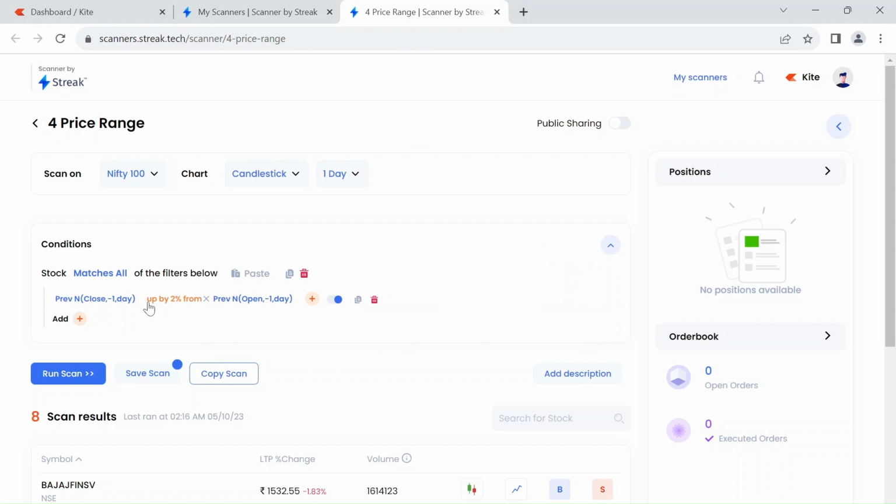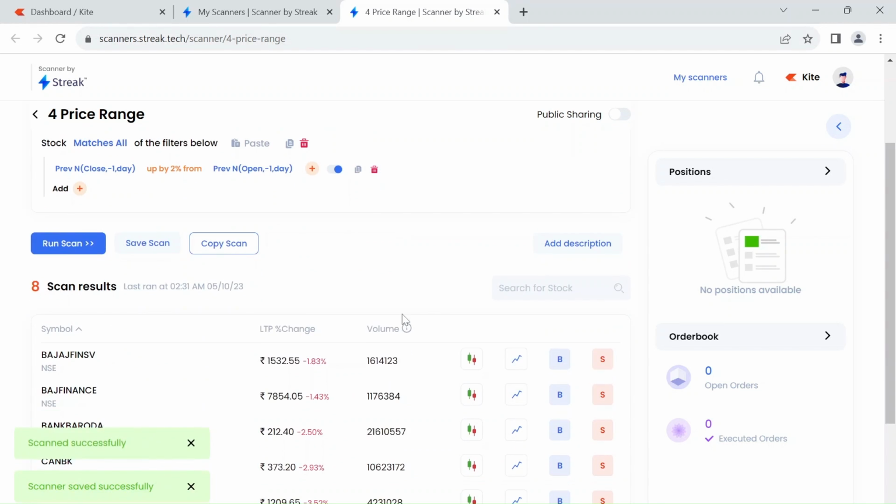So the down by option is also there, you can change it to that. So overall, if the yesterday's trading range is more than usual, 2% means, maybe you can look at the results.